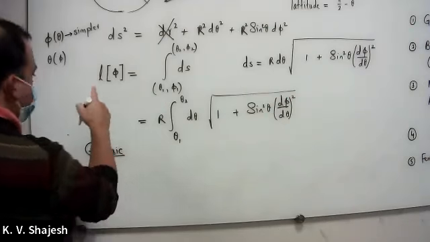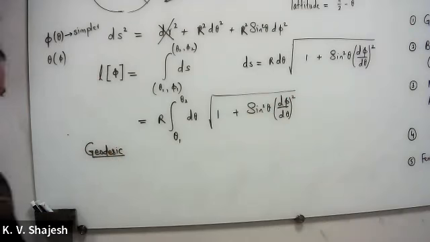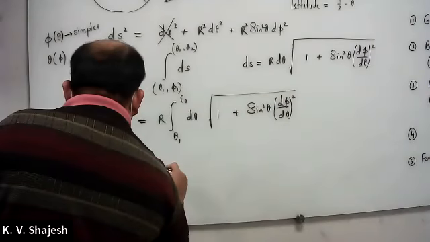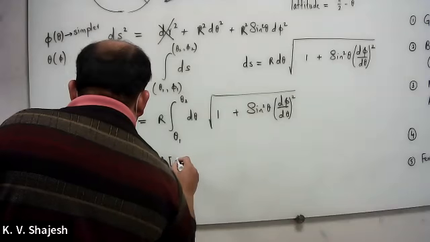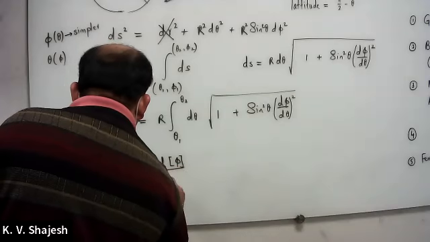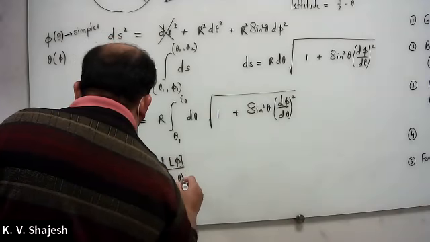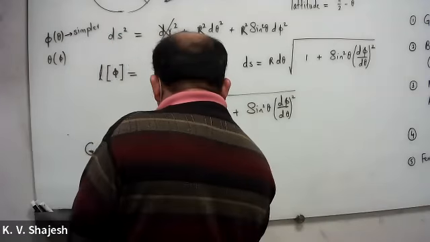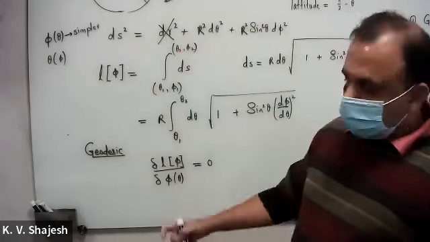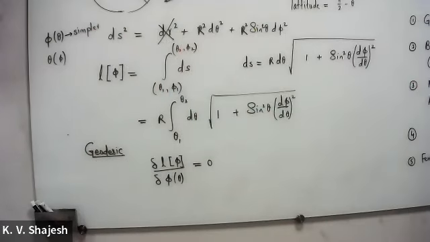So clearly, I'm interested in a geodesic on the surface of a sphere. That's basically variation of L with respect to phi as a function of theta should be equal to 0. That's my definition of a geodesic.